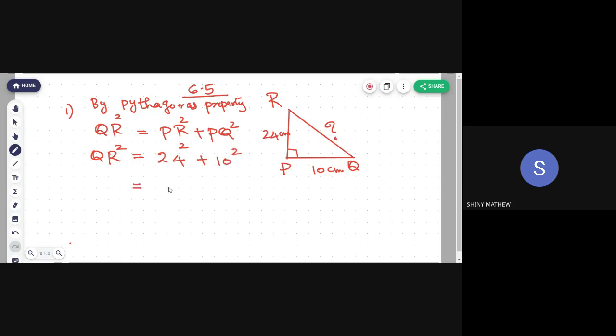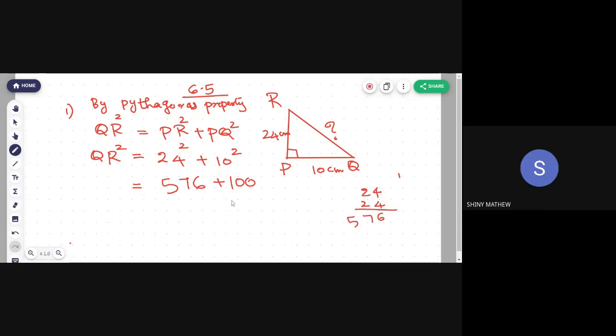Then you can find 24 square, 24 into 24, that is I think 576? 576. Okay, then 10 square, the 576 plus 10 square, that is 100.